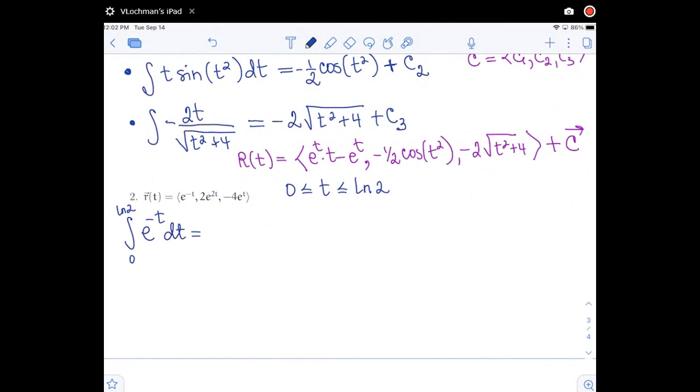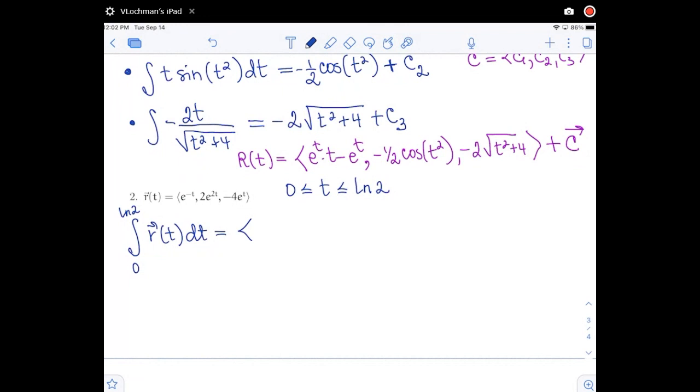Actually, let me go ahead and do it this way. I'm just going to integrate the entire function, from 0 to natural log of 2. I'm going to integrate the whole thing. So what is the antiderivative? The antiderivative of each function here is easy to compute. We don't need to do any fancy methods.